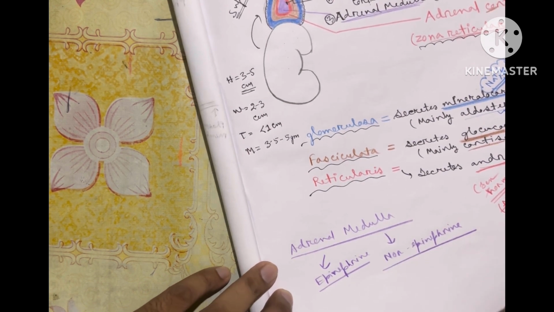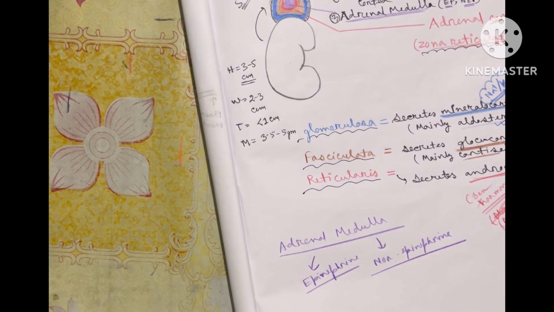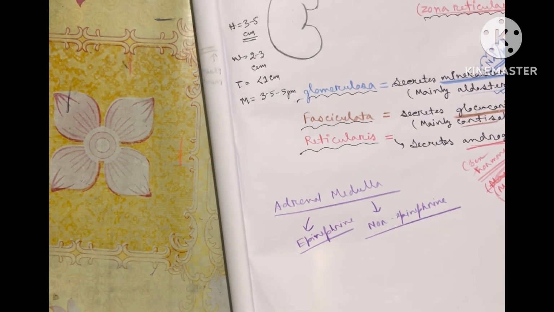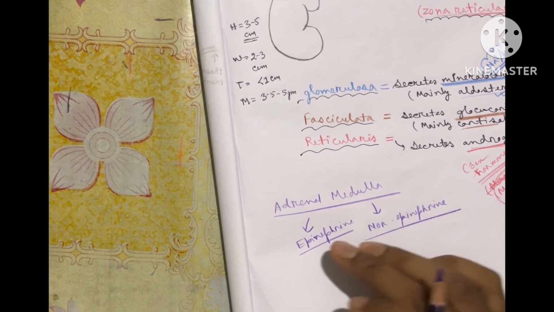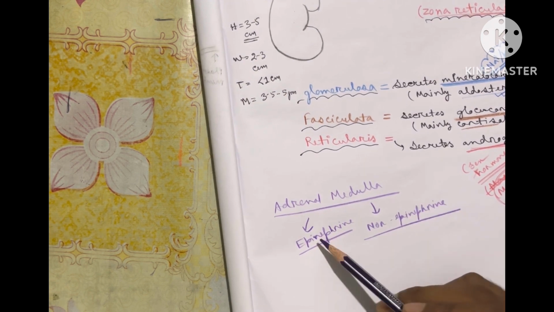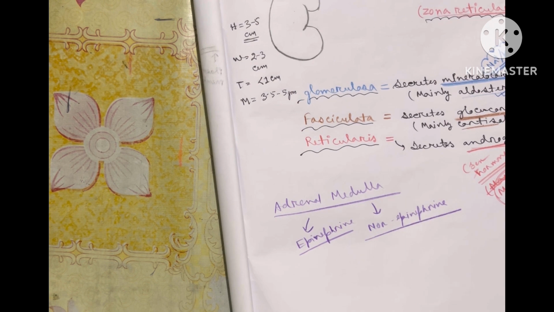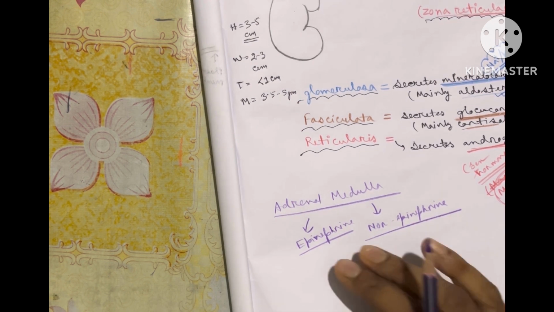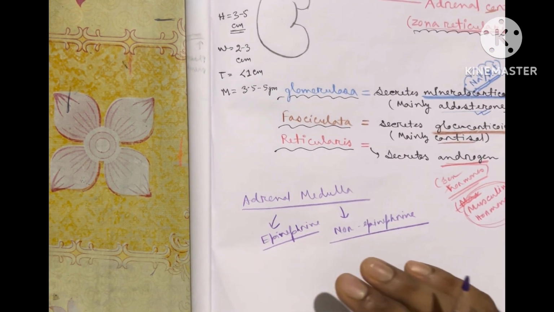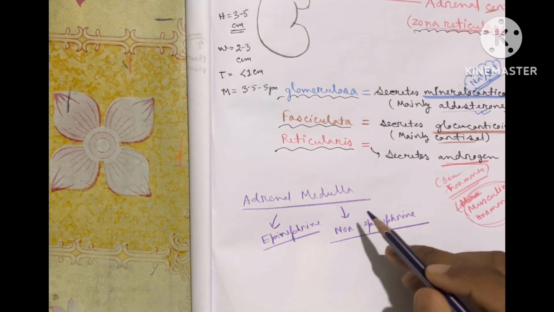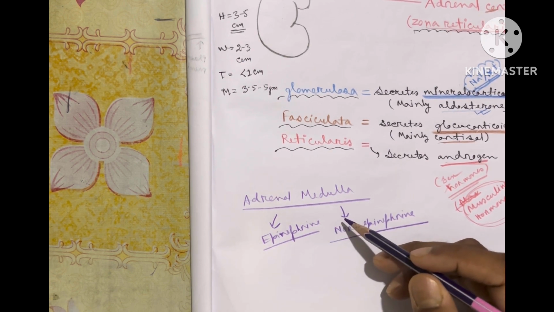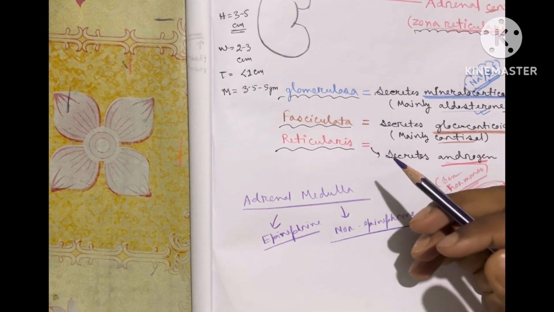Epinephrine and norepinephrine are basically associated with the sympathetic system. These are neurotransmitters, or we can say adrenaline and noradrenaline. When these sympathetic neurotransmitters bind with cell receptors, the body becomes more active.